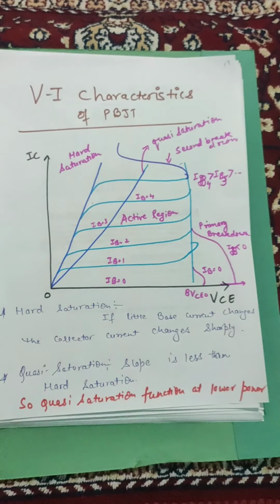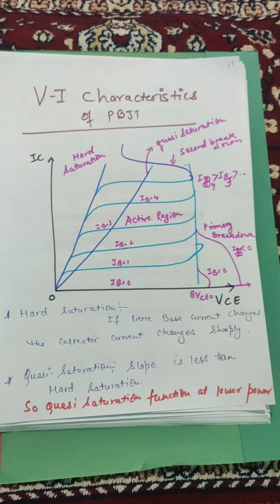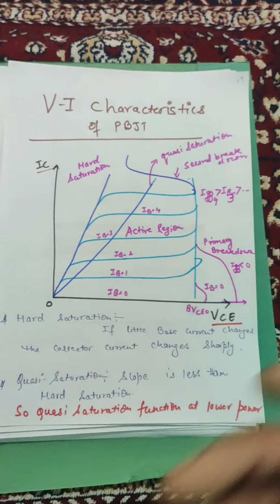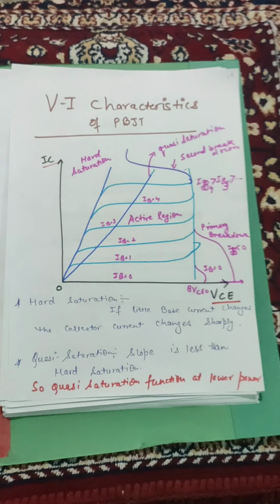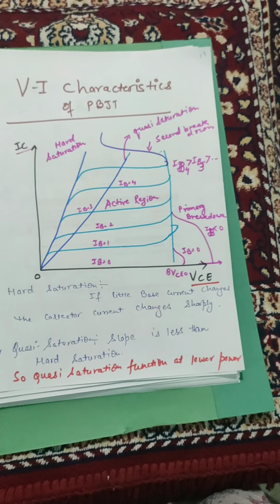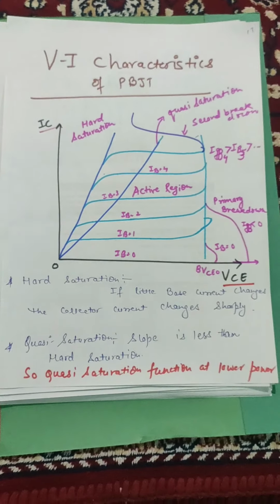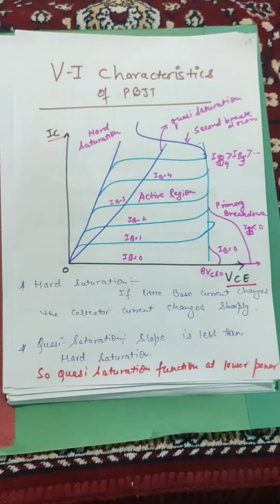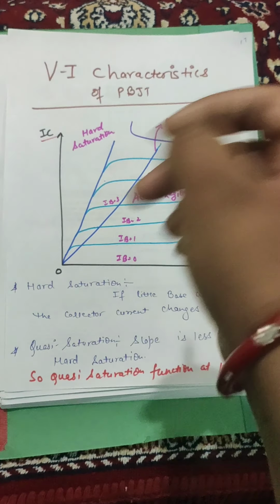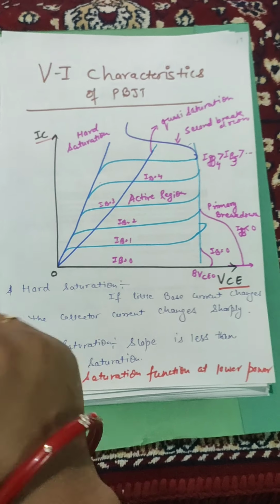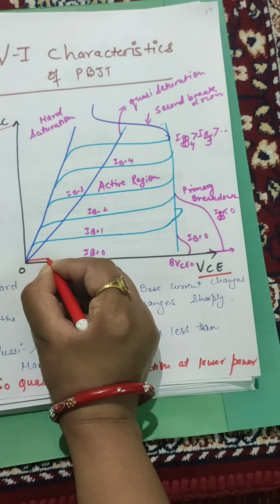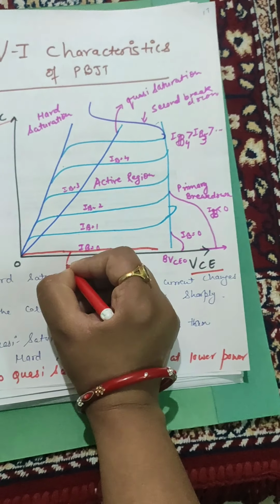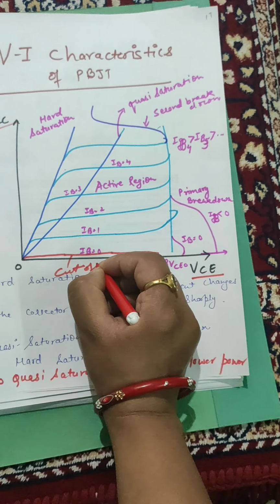VI characteristics are basically between the collector current IC and the collector emitter voltage. Collector emitter voltage is the input, and collector current changes according to it. In this graph we can also make a line for the cutoff region.